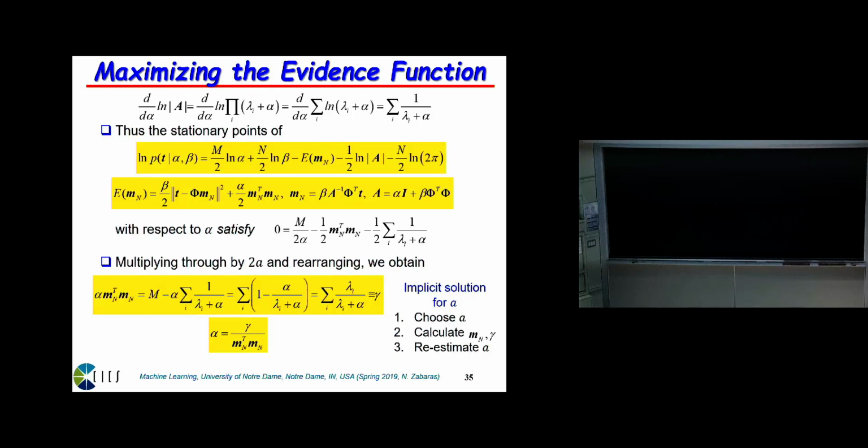So this equation looks like a straightforward way to find the optimal alpha where the marginal likelihood is maximized. Unfortunately, you notice that gamma contains alpha. There is an alpha inside the summation, so you can't rearrange terms and put alpha on one side. The only way you can solve this equation is iteratively.